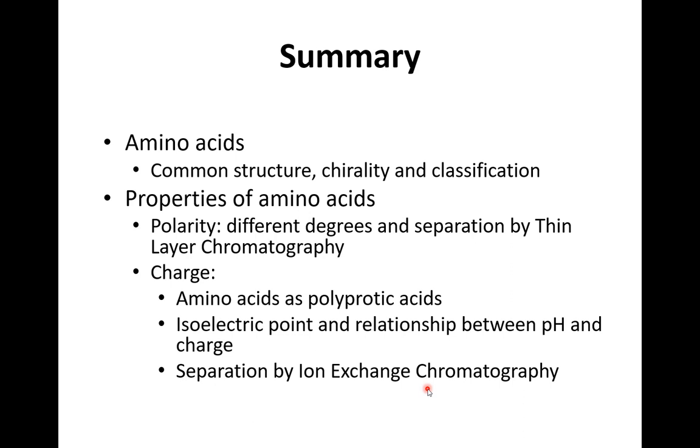And therefore, we discussed how ultimately you can manipulate the charge of an amino acid, whether by itself or in a mixture, to have a certain positive or negative charge depending on the pH that you put that solution at. And how this can ultimately be used to separate different amino acids by using ion exchange chromatography.